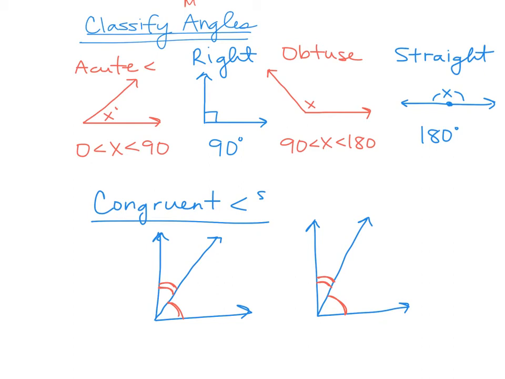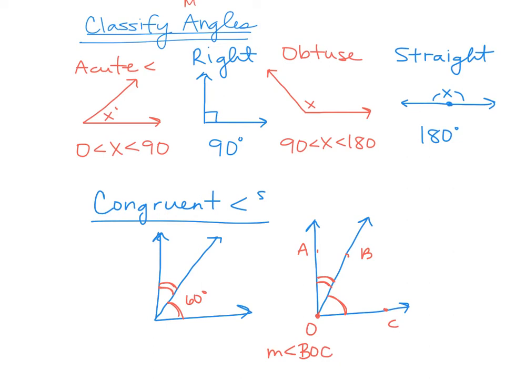Okay, so let's say if I told you this is 60 degrees, and this is A, B, C, and O. Can you tell me the measure of angle BOC? Right.